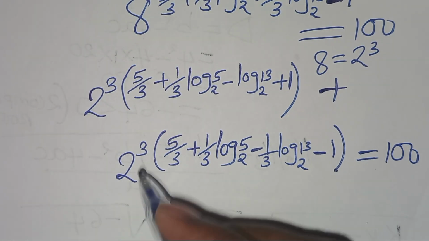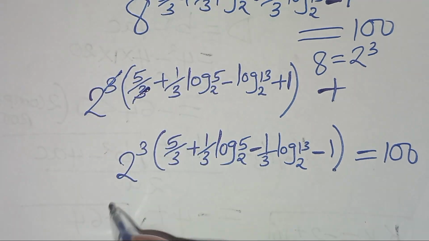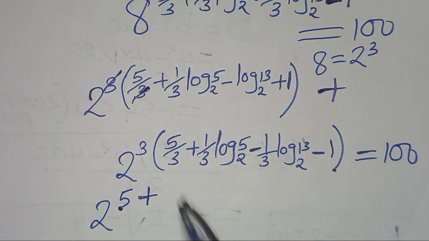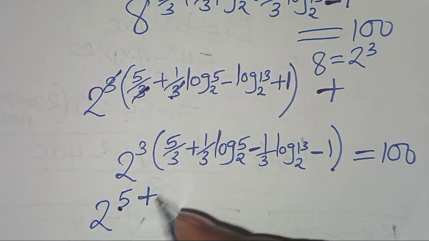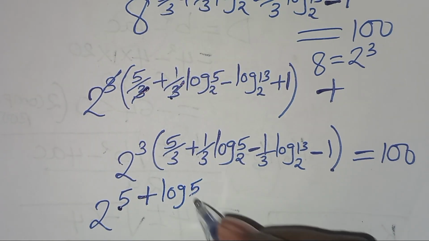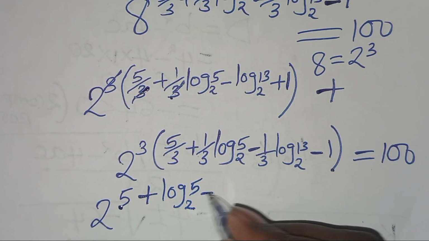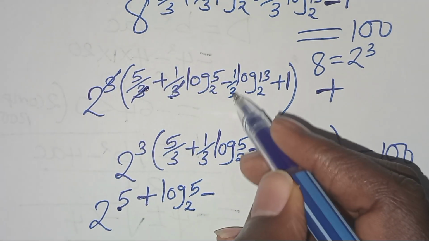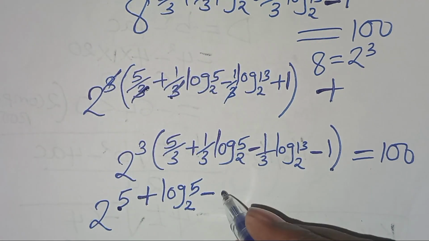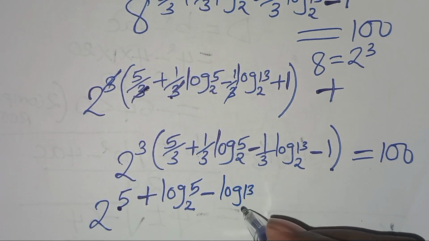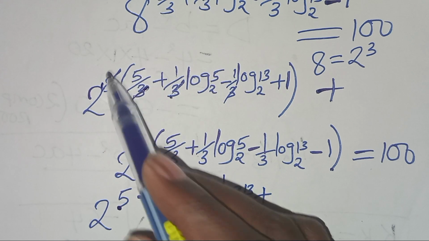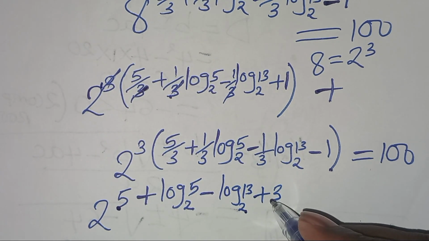Now let's simplify here. The first is 2 to the power 5 plus log 5 to base 2, subtract, now here we have a third, so again we simplify, subtract log 13 to base 2, then plus, this is 1 times 3, so plus 3.